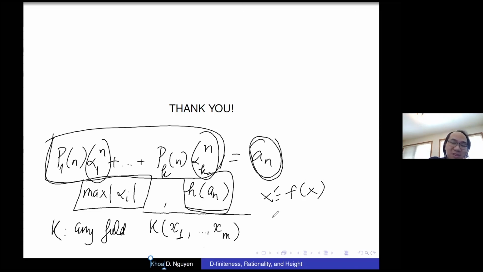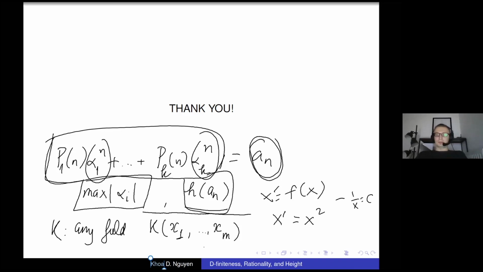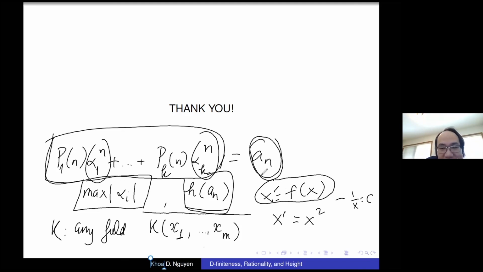Well, of course, if x prime is x squared, then minus 1 over x is c or something. So here you get a rational function, more or less, I think. So I would say it probably depends on f.